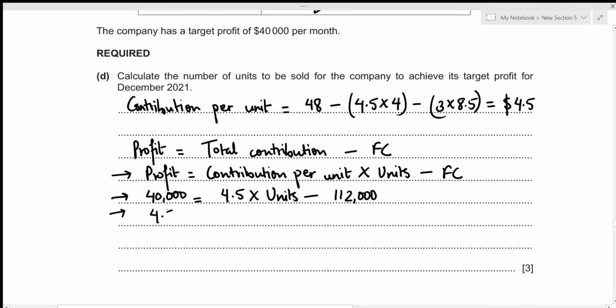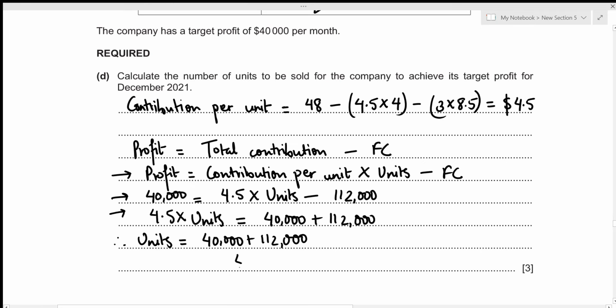So this is going to be 4.5 into units equals to 40,000 plus 112,000. Now we can figure out the number of units. This will be 40,000 plus 112,000 divided by 4.5.